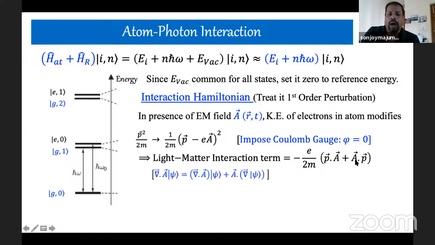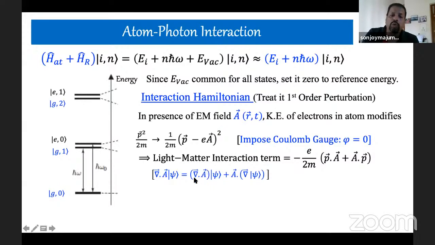Now, we can write p as minus i times nabla, times h-bar. So when p dot A operates on a particular state psi, we can use the chain rule and write it as nabla dot A operating on psi, together with A dot nabla operating on psi.